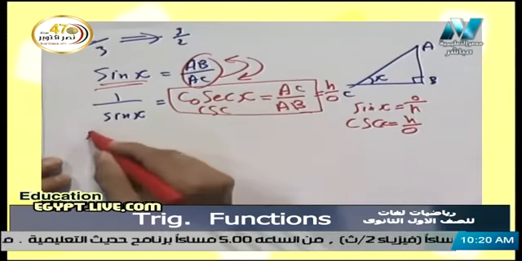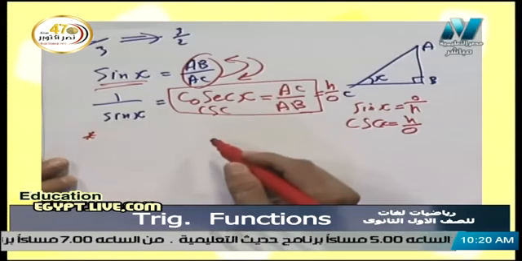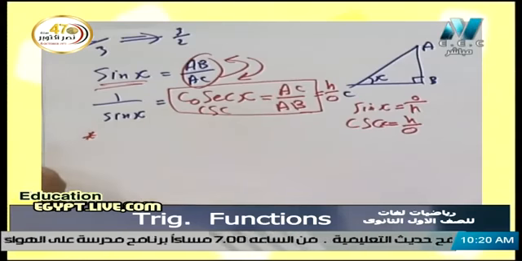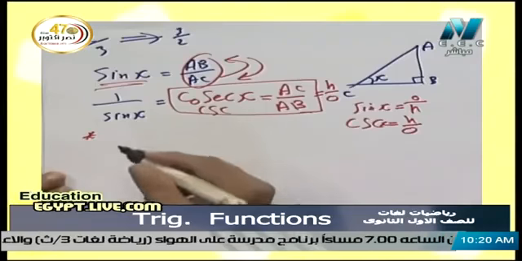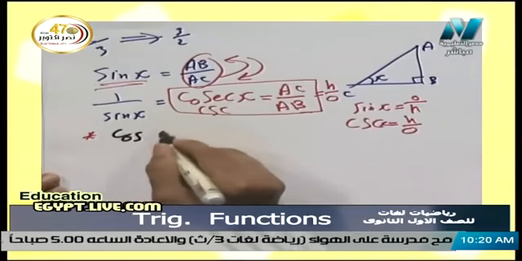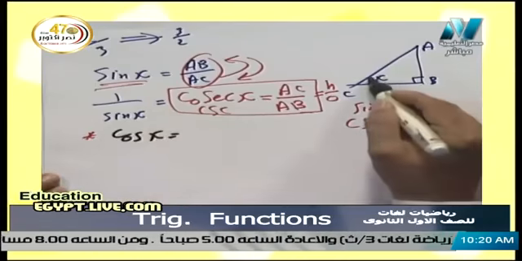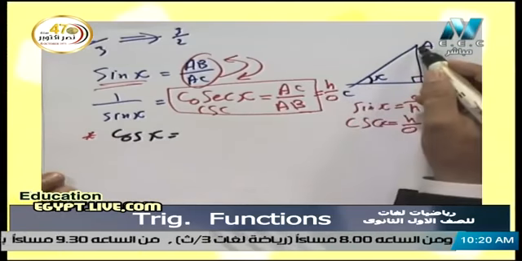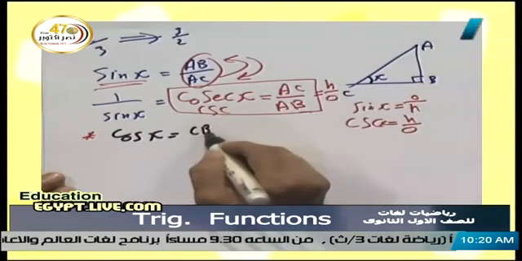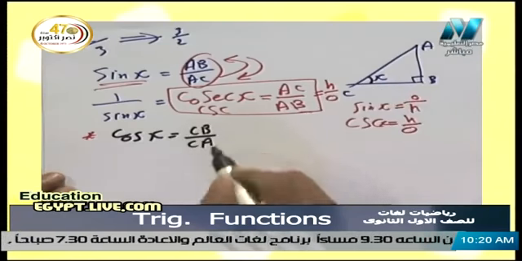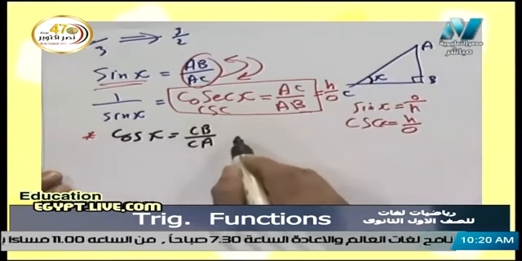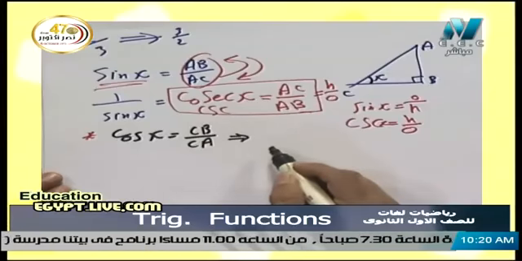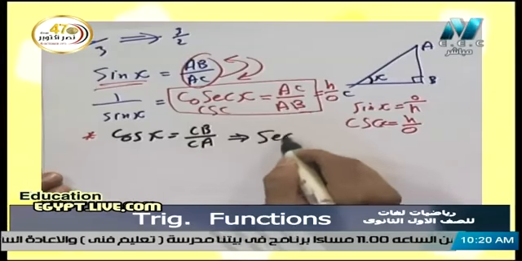Okay, let's move to the reciprocal of cosine. We have here cosine of the angle x. Cosine x equals adjacent over hypotenuse, which is CB over CA. And we have its reciprocal, which is sec.